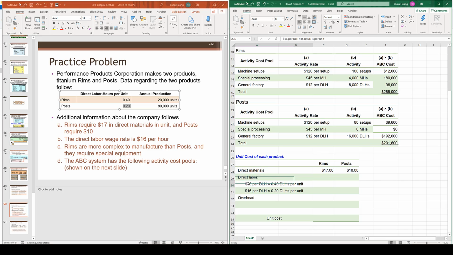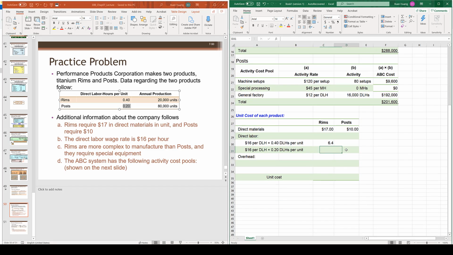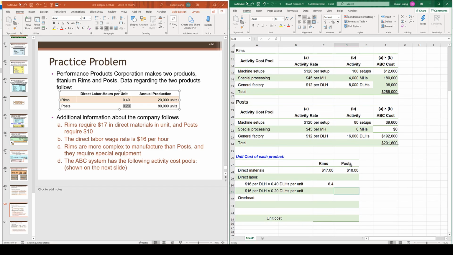For rims, we use $16 multiplied by 0.4, and for posts, 16 times 0.2. And we can calculate the unit direct labor cost for each product.